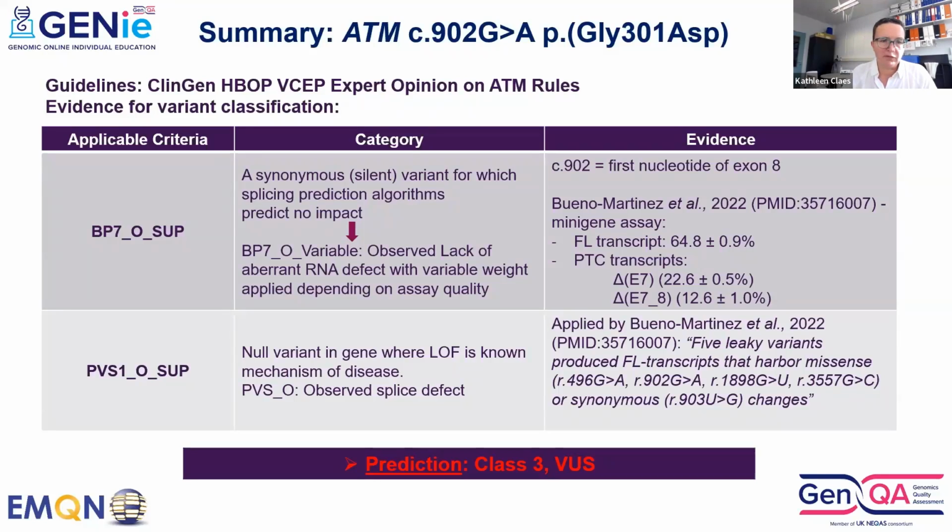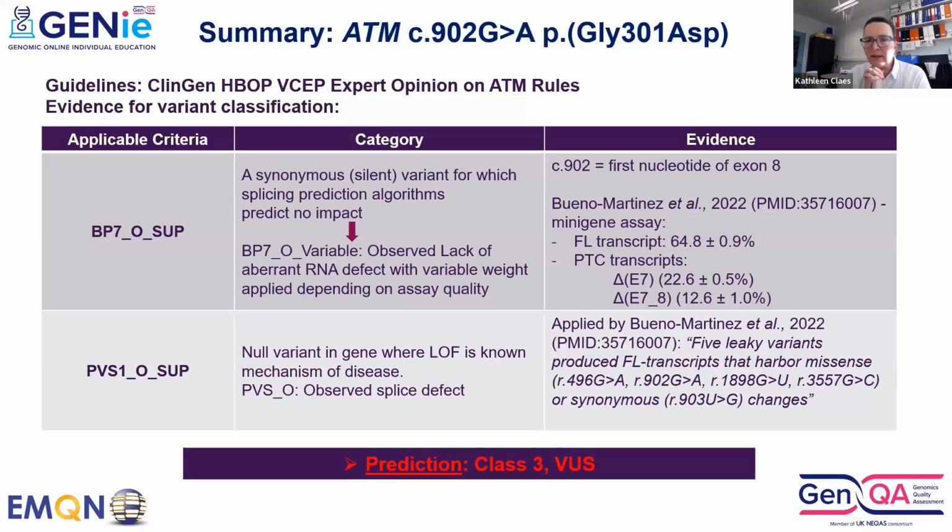However, the ATM VCEP guidelines interpret BP7 in a different way, and you can use it not only for silent variants, but also for other variants that may lead to an amino acid change, if there is a lack of an aberrant RNA defect. The weight you attribute to it can be dependent on the assay you applied.